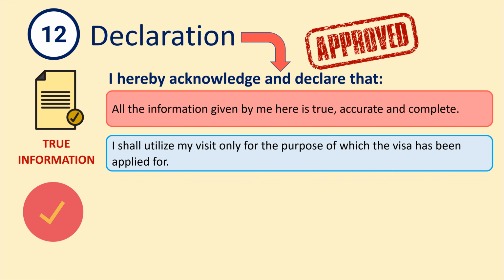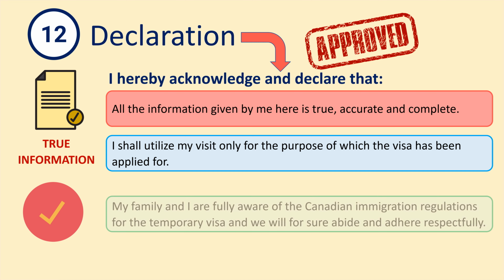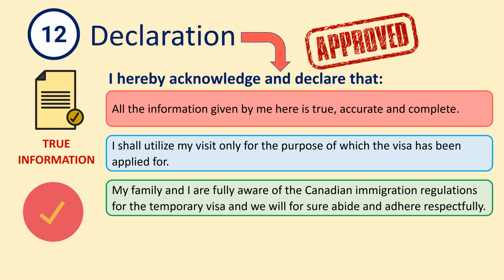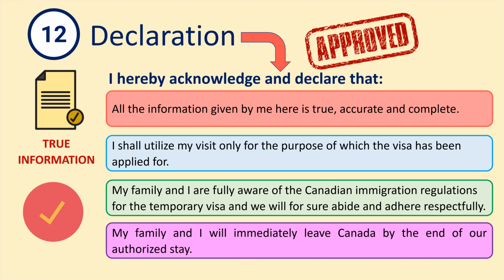I shall utilize my visit only for the purpose of which the visa has been applied for. My family and I are fully aware of the Canadian immigration regulations for the temporary visa, and we will for sure abide and adhere respectfully. My family and I will immediately leave Canada by the end of our authorized stay.